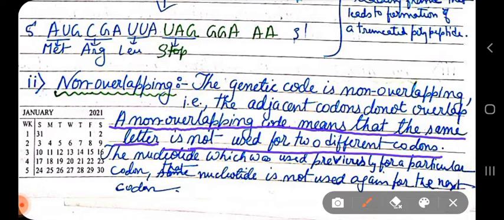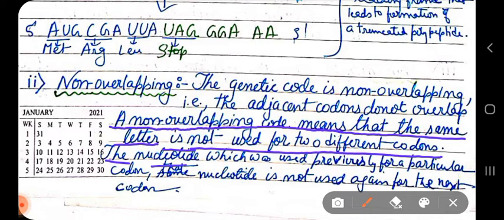But if it were overlapping, then the same nucleotide could be used for two different codons. But the genetic code is non-overlapping. One nucleotide is dedicated to that one codon only.